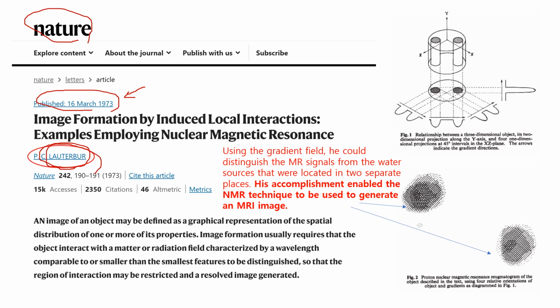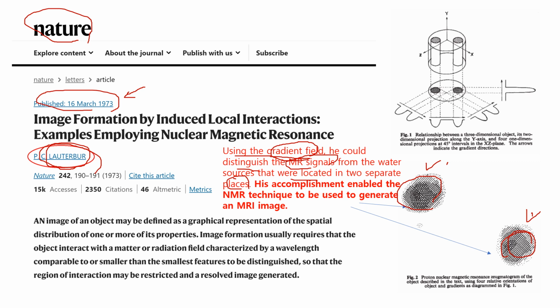In this paper, Lauterbur obtained the NMR signal which is located apart. Using the gradient field, he could distinguish MR signals from water sources that were located in two separate places, this place and that place.